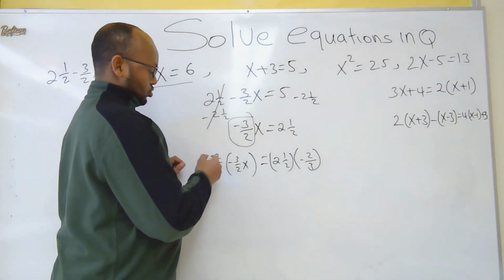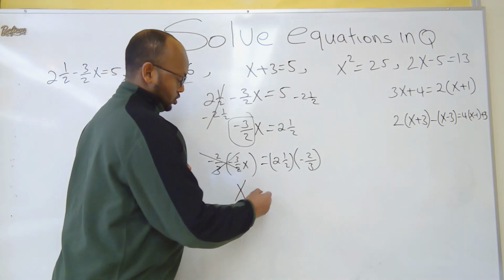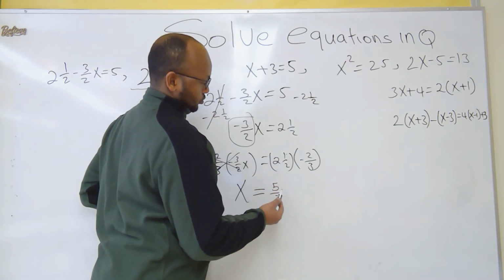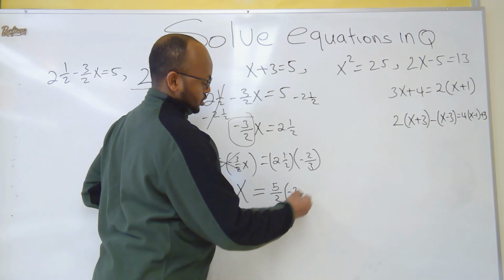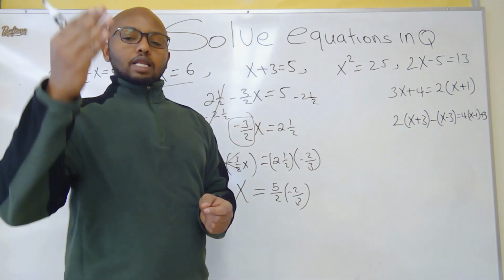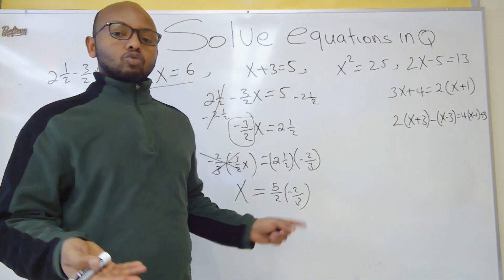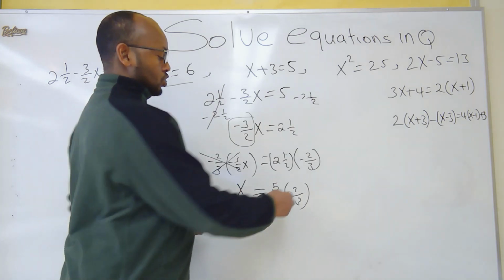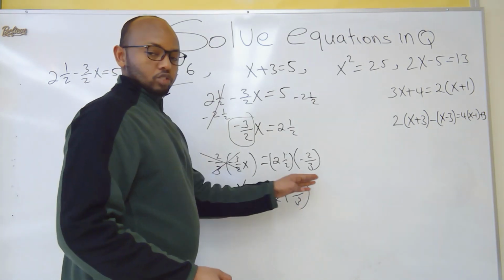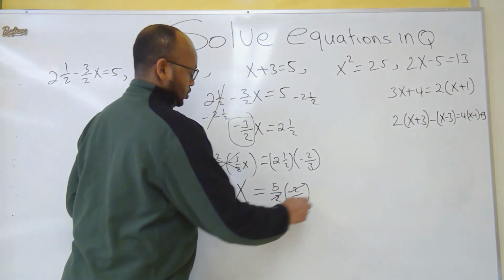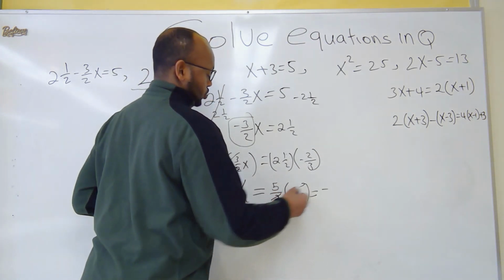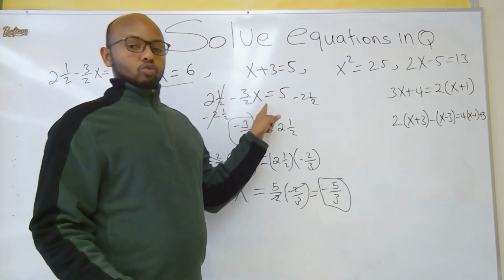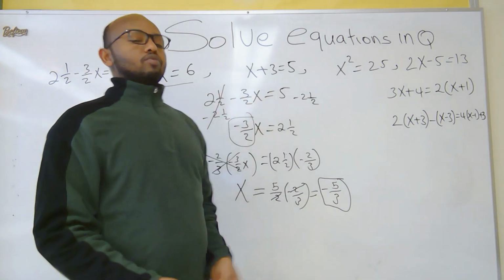This is gone, it's 1, so I have only x here. 2 times 2 is 4, 4 plus 1 is 5, so 5/2 times negative 2/3. As I said before, it's better to cancel than to multiply and get a big number. I could do 5 times 2, 10, and 2 times 3, 6, but it's better to cancel the two 2s because they are across from each other and equal. So the answer is negative 5/3, because the negative goes here. So that is the number. If I multiply negative 3/2 by it and subtract from 2 and a half, it gives me 5.